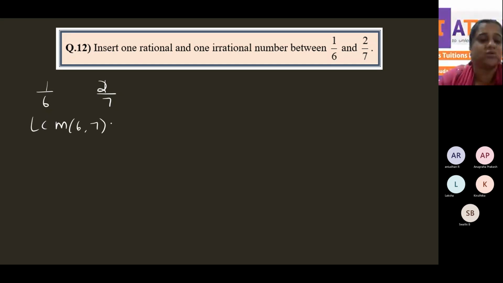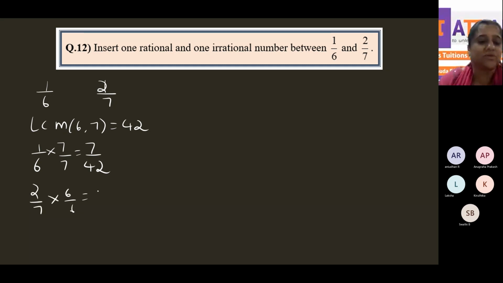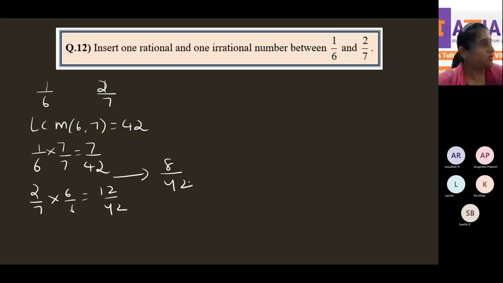LCM of 6 and 7 is 42. So 1/6 into 7/7 is 7/42. 2/7 into 6/6 is 12/42. So one rational number between these two will be 8/42.